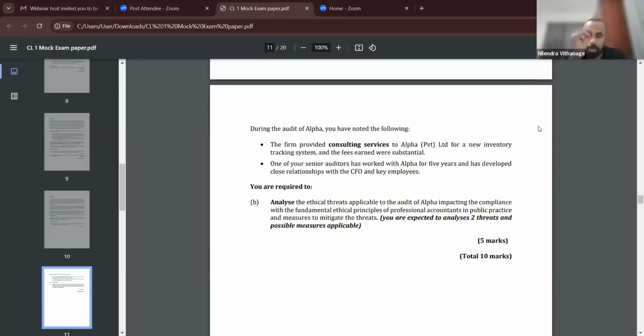Next line. Having closer relationship with client's CFO and key employees creates familiarity threat. Next line.